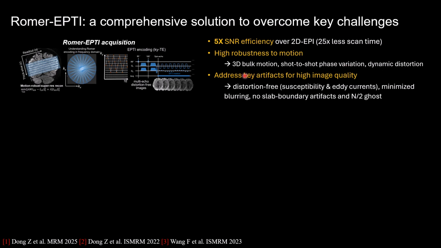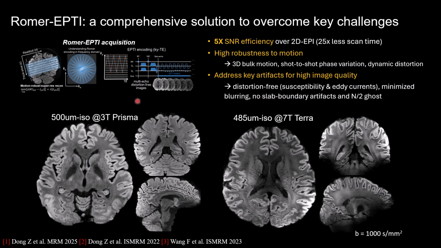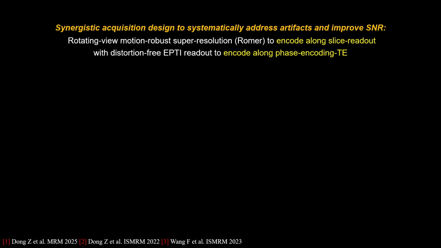It also addresses the artifacts comprehensively, including distortion, blurring, slab boundary artifacts, and ghosting artifacts, to improve the image quality. With Romer-EPTI, we demonstrate mesoscale diffusion MRI in vivo at both 3T and 7T at 500 micron and higher for the first time.